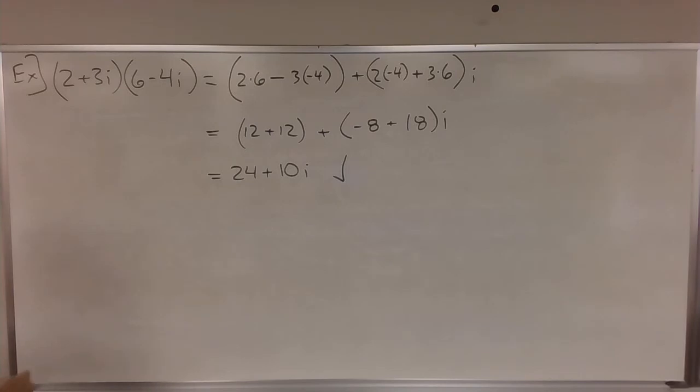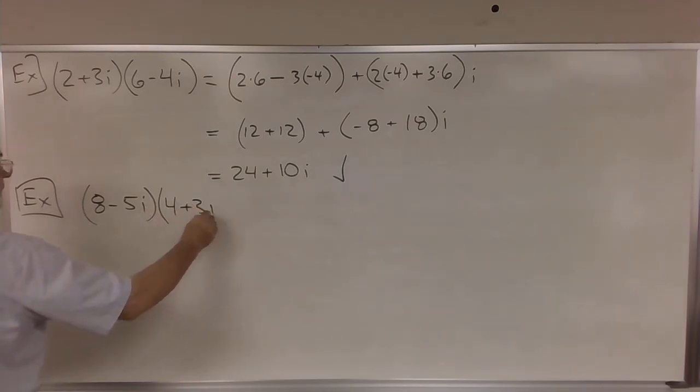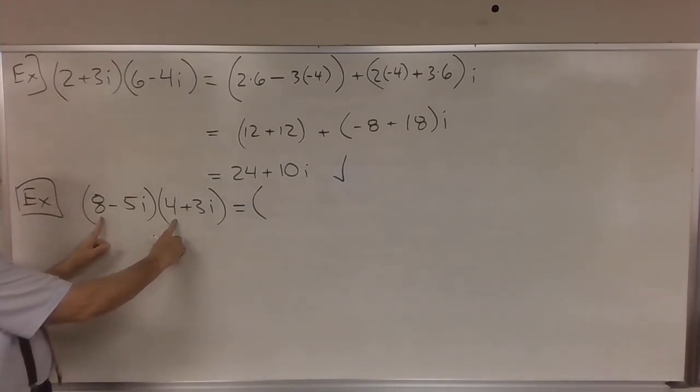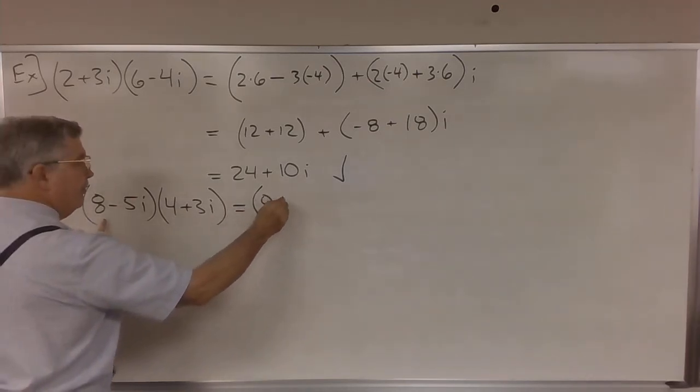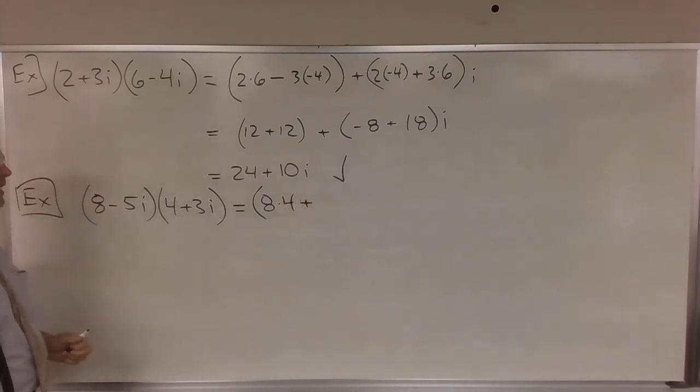Now let's do another one. First, we'll get the real part, and we take the product of the two real parts, 8 times 4, and now plus, nope, that's not right, is it?